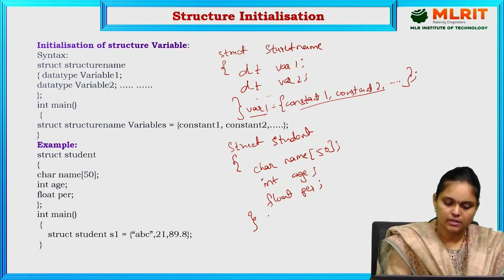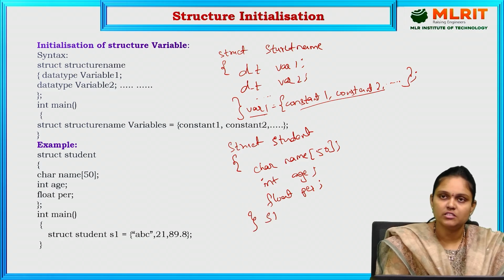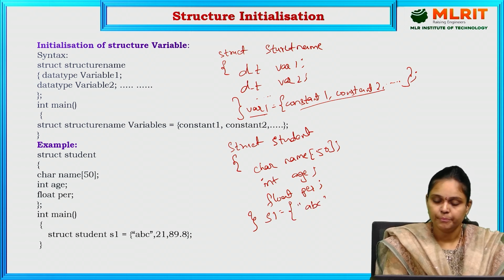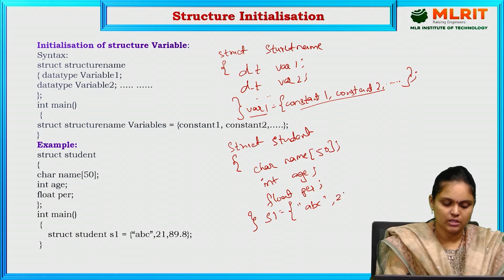Here we give the variable name that we are initializing, s1, equals the values: ABC, which will be allocated to name, next age is 21, and the percentage is 89.8.